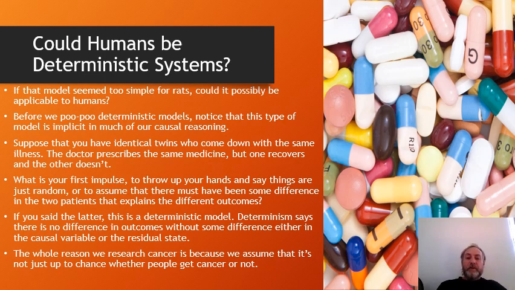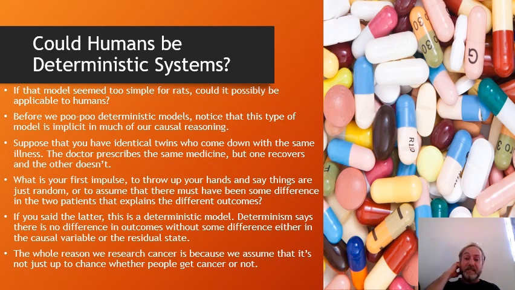So again, on the deterministic model, the reason it may have felt implausible to you that saccharin can make all the difference is that you need to think through all the details of the residual state.